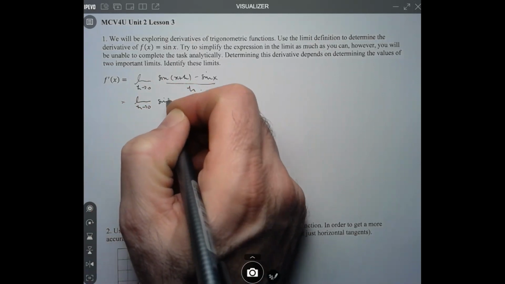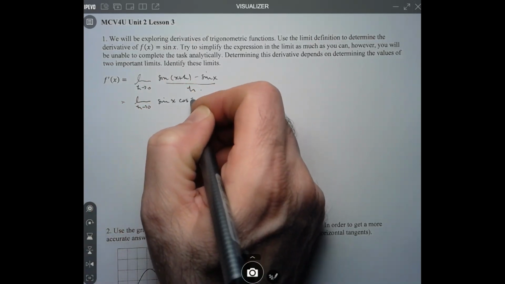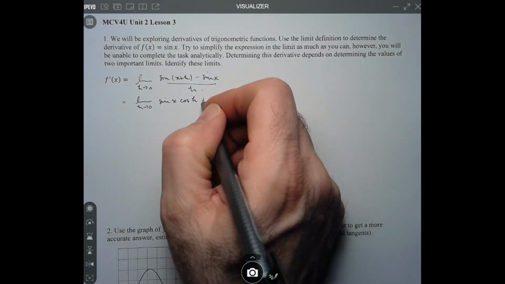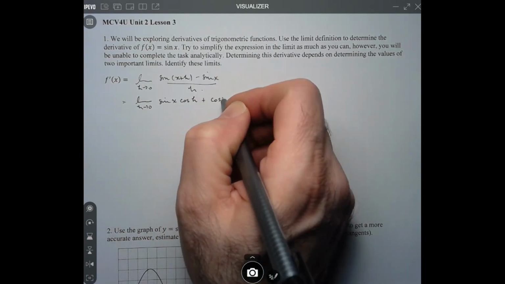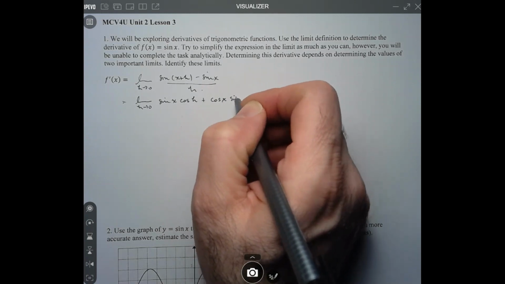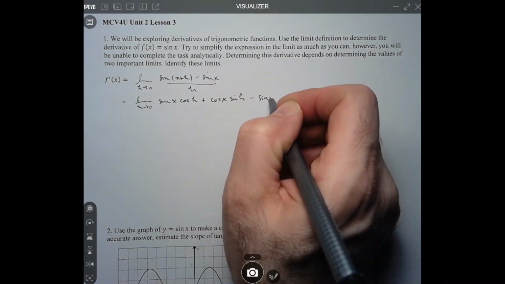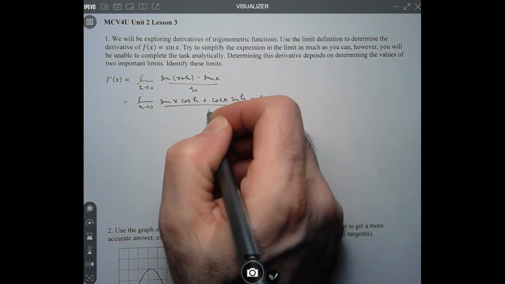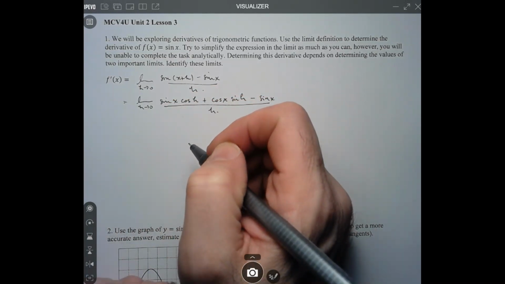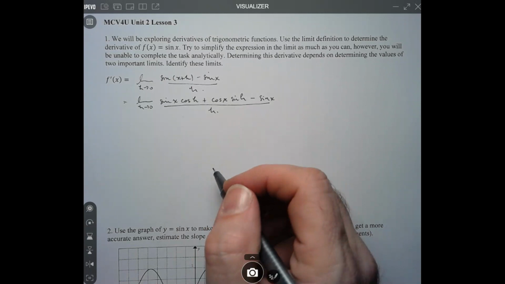That gives us sine of the first times cos of the second, plus cos of the first times sine of the second, and all that minus sine x, all over h. Let's see where we can go from here.